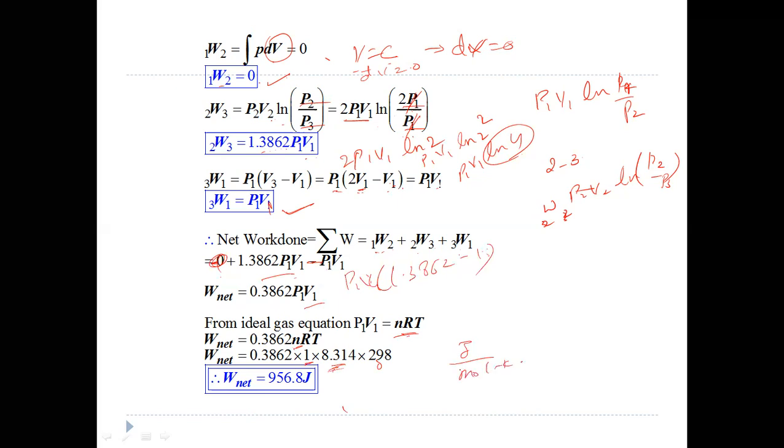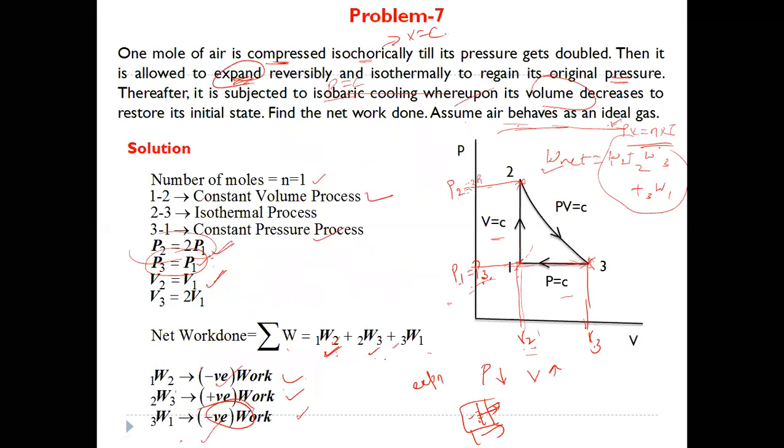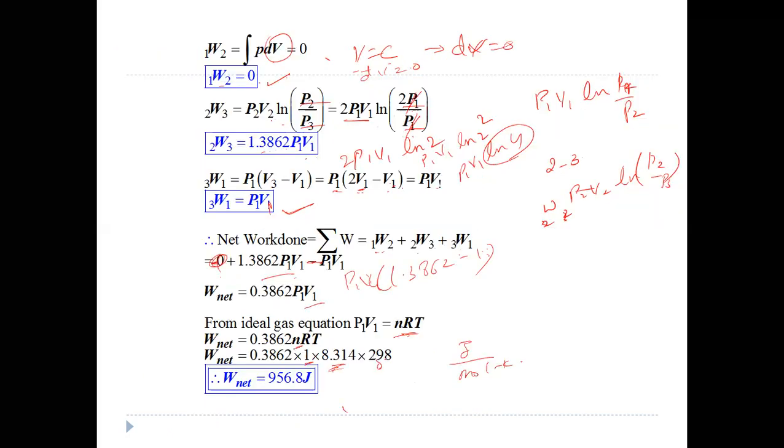The temperature is given as room temperature, 25 plus 273, which gives 298.